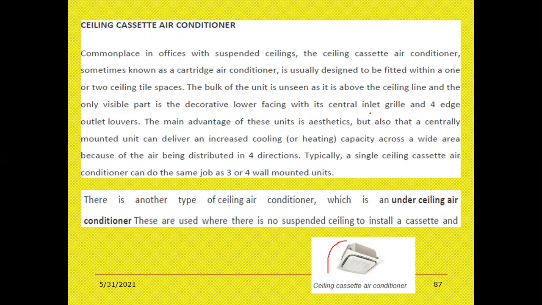Now coming to the types of central air conditioning systems, basically there are two types. One is the direct expansion or DX central air conditioning plant. Here, the huge compressor and the condenser are housed in a plant room.